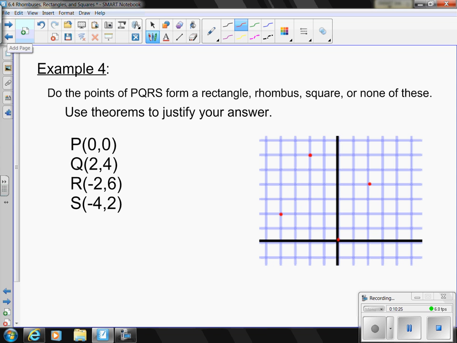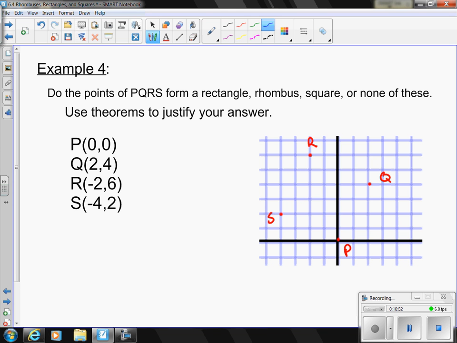Here's another coordinate proof. I'm not going to do it nearly as in depth as the first one in the last section, but how to prove something is a rhombus, rectangle, or square takes a little bit more work. And we're going to use theorems to justify this.